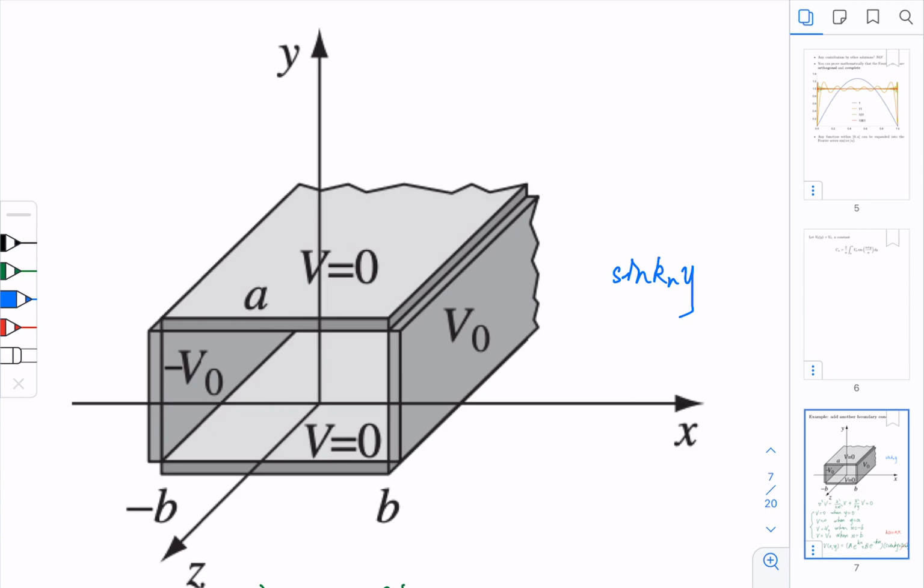But since it's an odd function here, the combination of exponential minus x and exponential x will give a sinh function.